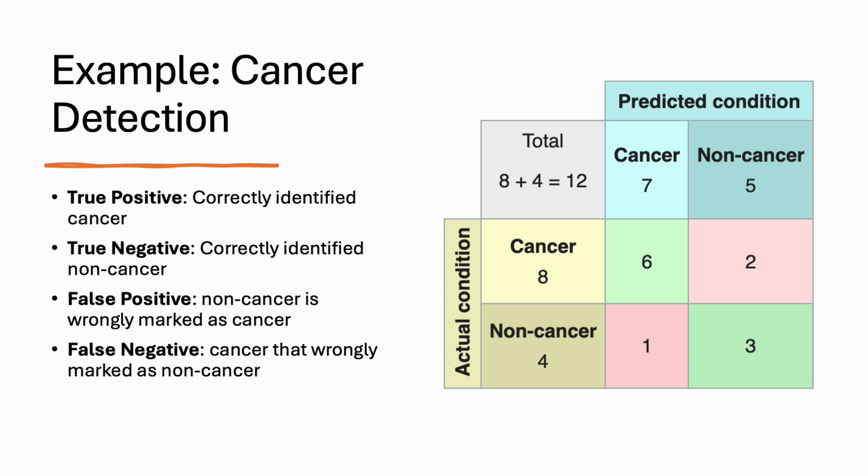Here you can see that the number of true positive is 6, the number of true negative is 3, the number of false positive is 2, and the number of false negative is 1. Using this confusion matrix we can calculate the classification metrics, which I will cover.